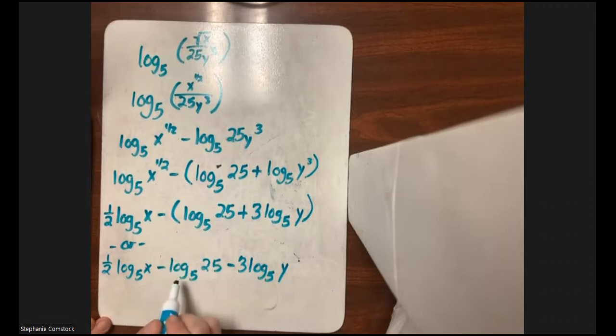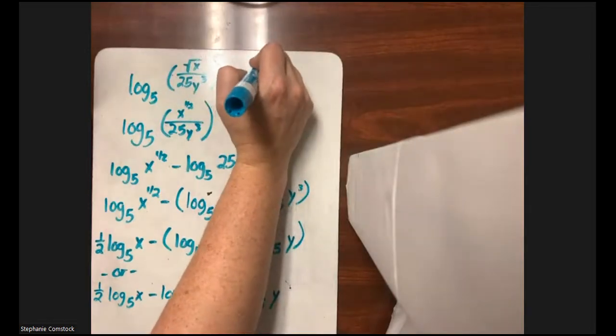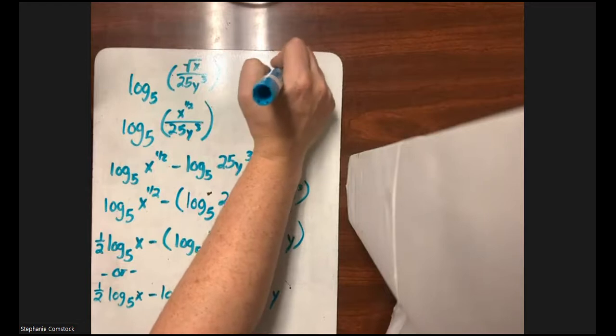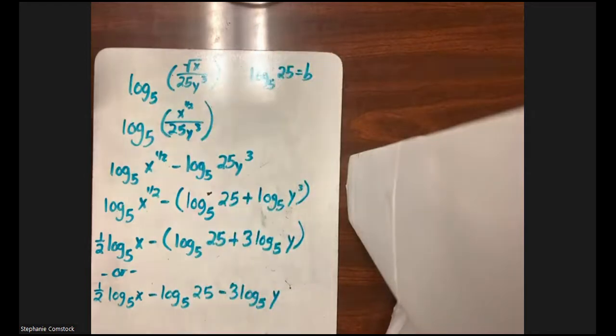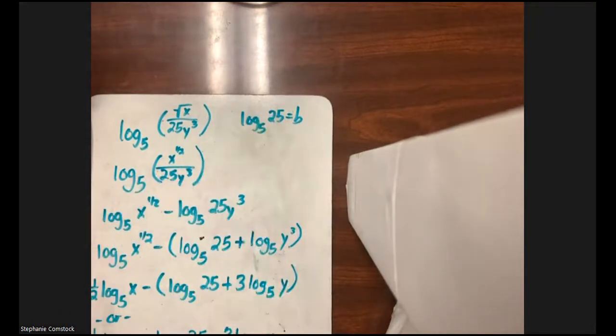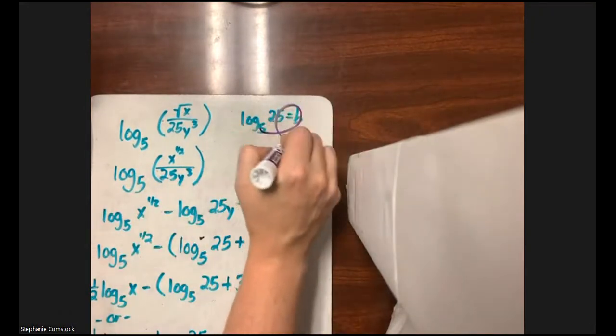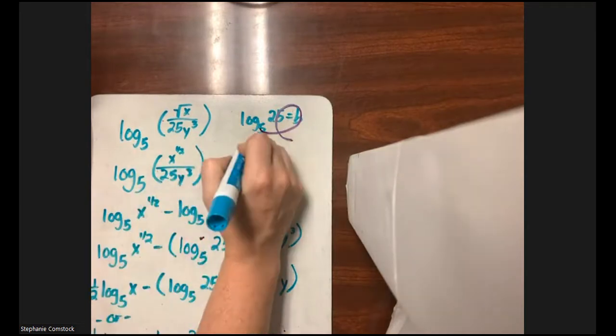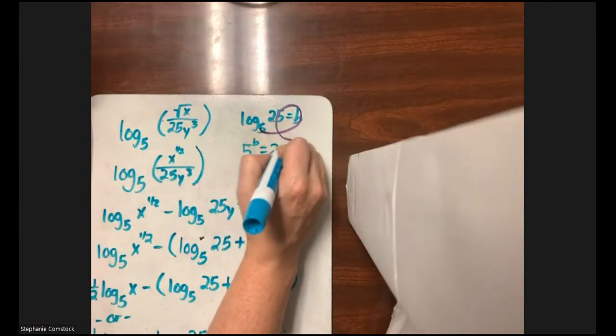This feels like something that we might could do something with, because remember that what you're taking the log of is generally a power, or something that can be found using a power of this base. If we were to do some work off to the side with it, if I did something like log base 5 of 25 equals b, and I did a little loop-de-loop with it, I have 5 to the b equals 25.